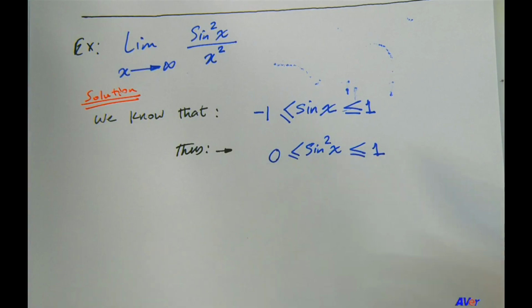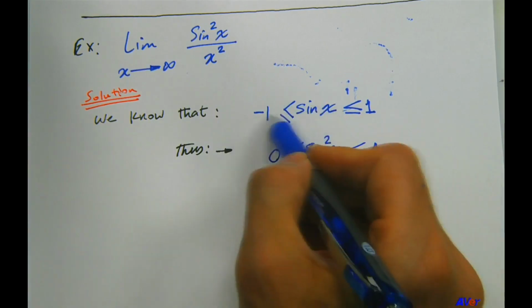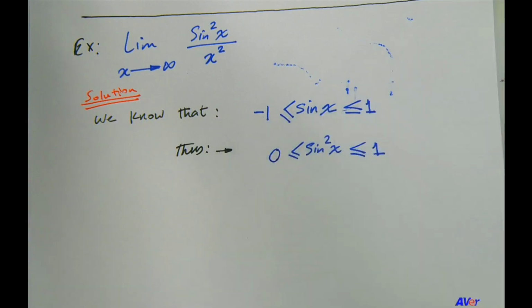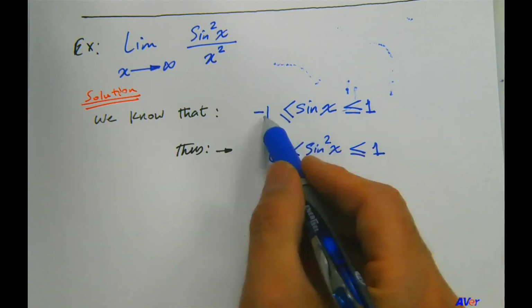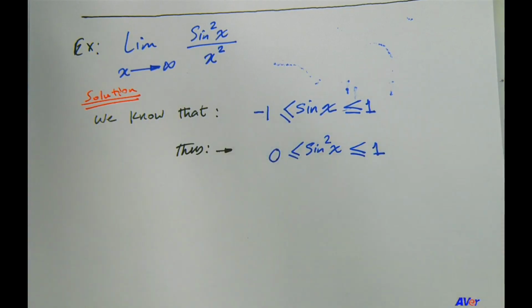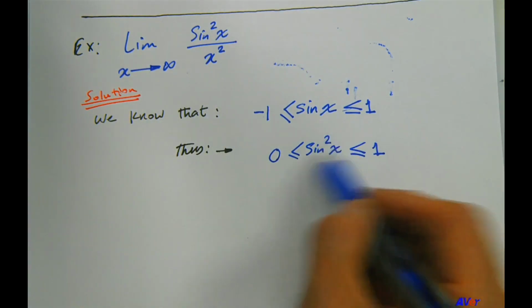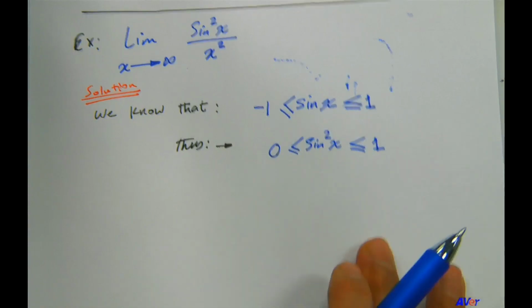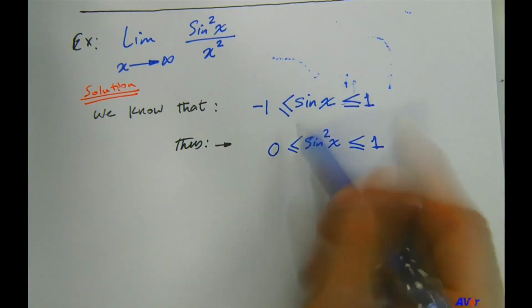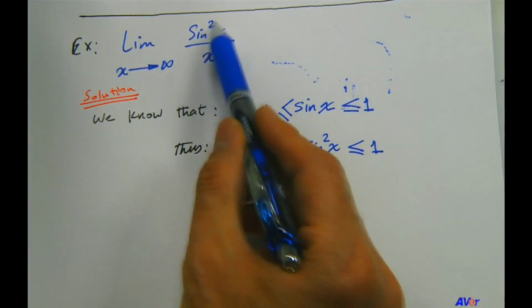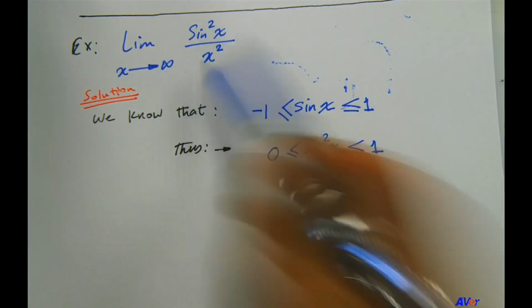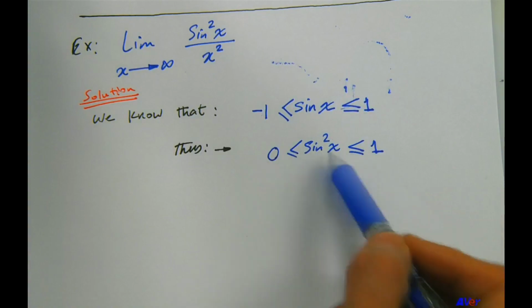You're going to get 0 to 1, right? Because 0 is in the middle. 0 is between -1 and 1, so you square that, you get 0. -1 is going to drop out because all the negative values are going to become their equivalent positive values. So the sine squared of x will vary between 0 and 1. Now, in the original function, we had sine squared of x divided by x squared. So let's divide all three sides by x squared.